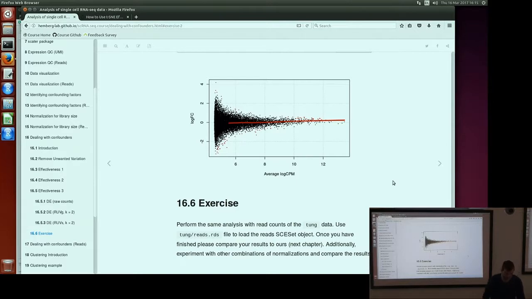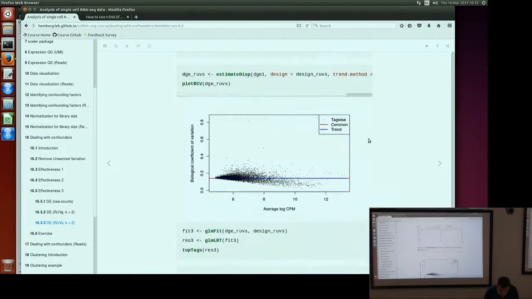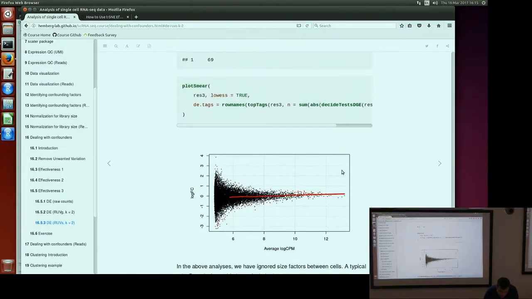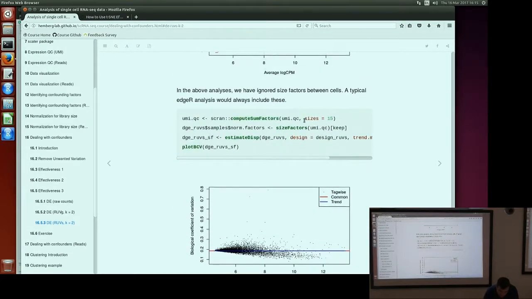So the question is, if I heard it, why in this particular example have we set sizes equal to 15 for computeSumFactors here? That defines the size of the cell pools that the convolution method uses. So we're going to define repeated cell pools of size 15.